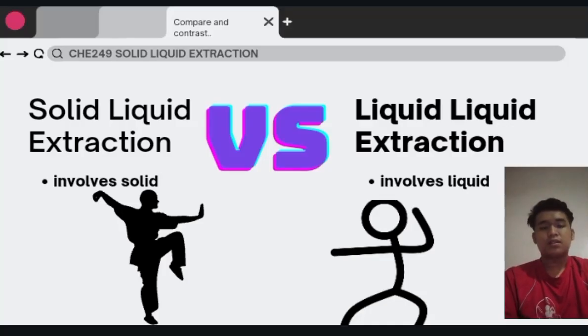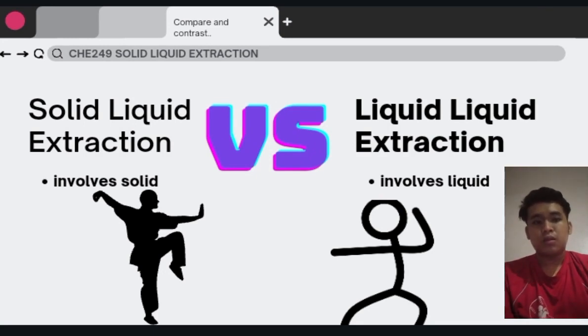Compare and contrast the solid liquid extraction to liquid extraction. So right now I will go through the differences and similarities of solid liquid extraction and liquid extraction.